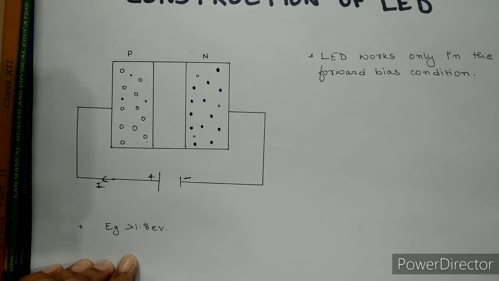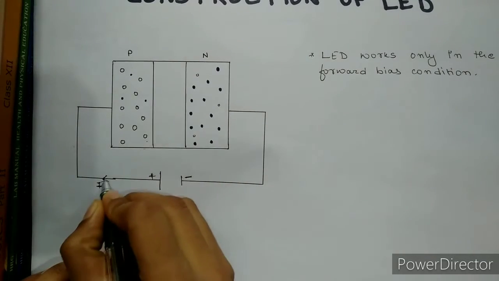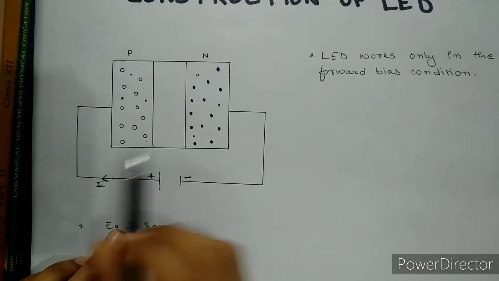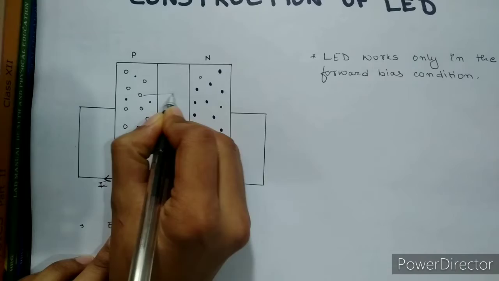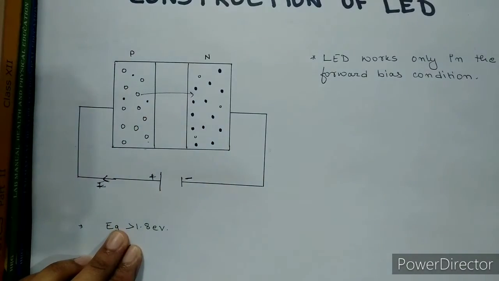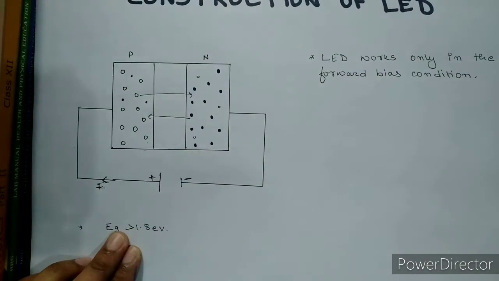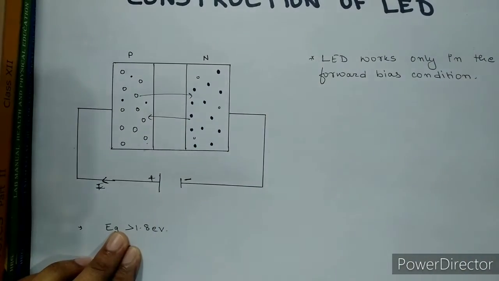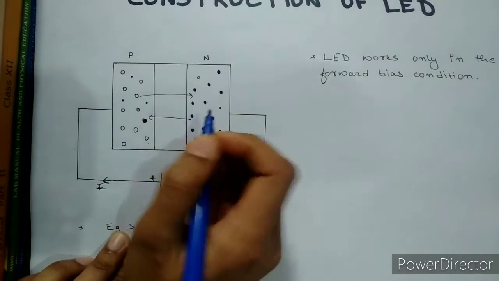Now, when the voltage is applied to this junction, the holes on the p side start moving to the n side, and the electrons on the n side start moving to the p side, and they recombine with each other.